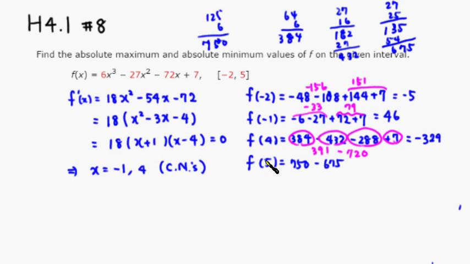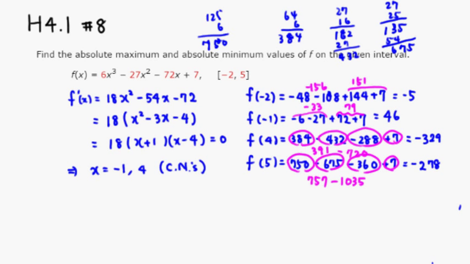And then 72 times 5 is 360, plus 7. If you add these two together, we get 757, minus 1035 when we add those together. So this is going to be negative, 757 minus 1035 is -278.